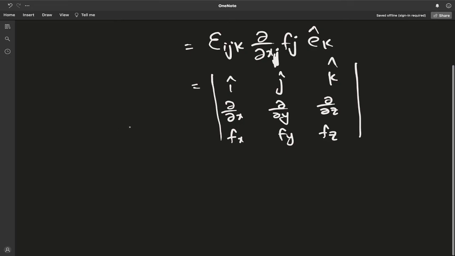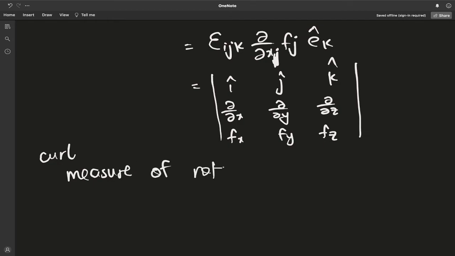Now what's the physical interpretation of this? Well, divergence was a measure of sinks and sources. The curl is a measure of rotation, or rotatability, of a vector field.